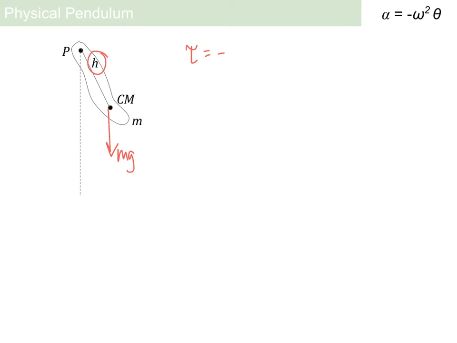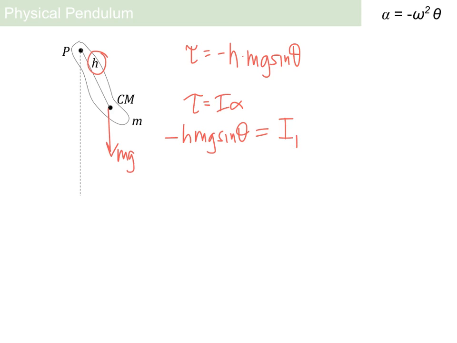So my distance away would be h, but I would still have the same force producing this torque, the perpendicular force mg sine of theta. I would think about all that mass concentrated at the center of mass. And so from torque equals I alpha, we can say negative h mg sine of theta is equal to I. Now, I can't put in a formula because it depends on what shape I have, but I will have to make sure that it's I about point P, and then times alpha.